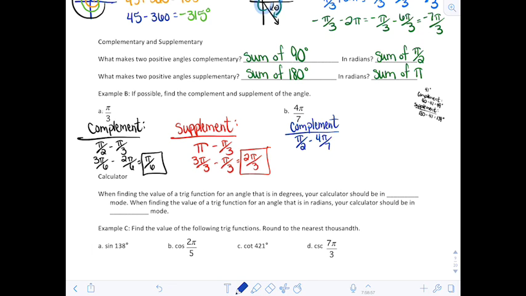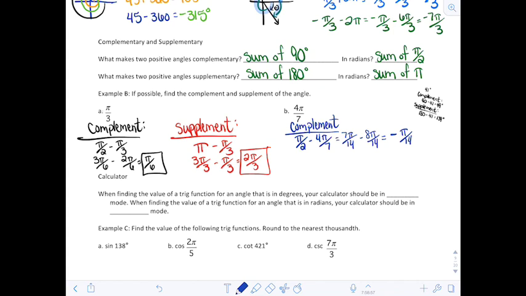Well, I need to get a common denominator. So 14 would be my common denominator. So this would turn into 7 pi over 14 minus 8 pi over 14. Now watch closely. This may never have happened to you before in geometry. 7 pi over 14 minus 8 pi over 14 is a negative pi over 14.